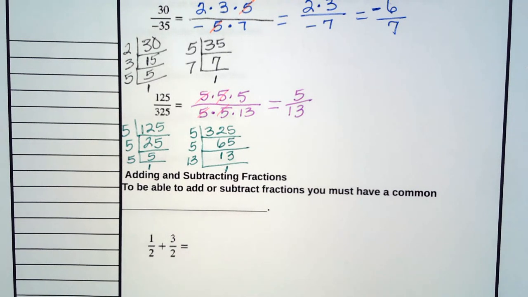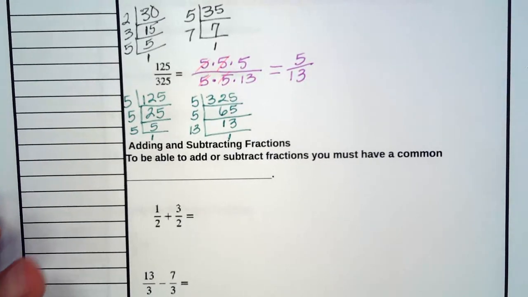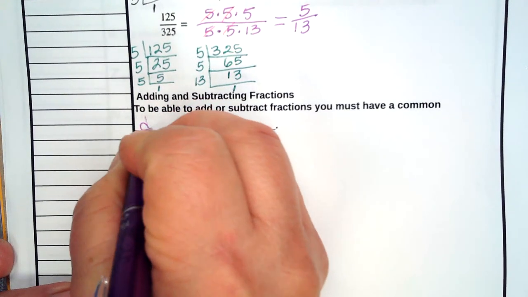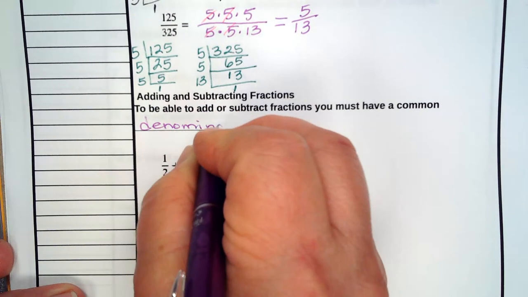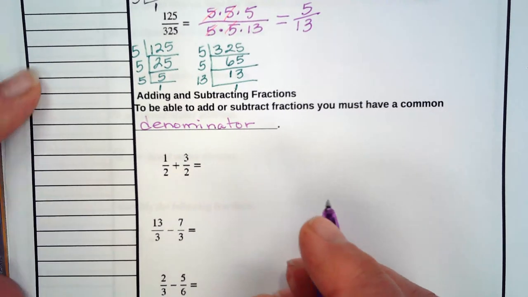Okay, so this is how you simplify, but now we need to know how to add or subtract. When adding or subtracting fractions, you must have a common what? That is a common denominator. The denominator is the number on the bottom.